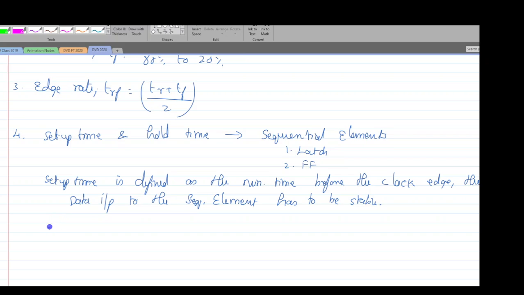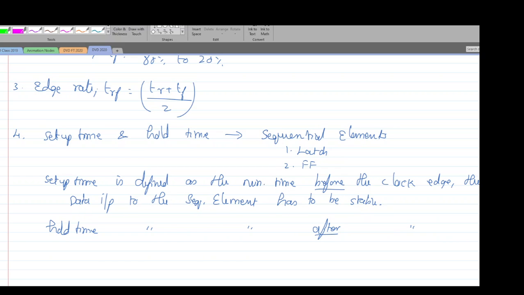Similarly, a hold time can be defined with the same idea, the minimum time, but here the definition slightly changes: we have to maintain a minimum amount of time after the clock edge where the data input to the sequential element has to be made stable.